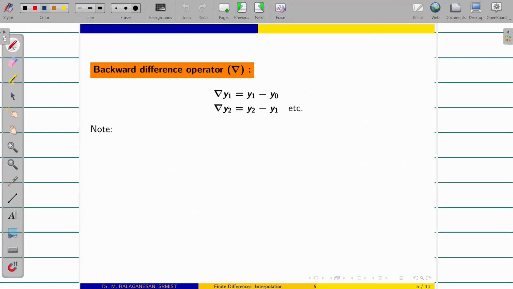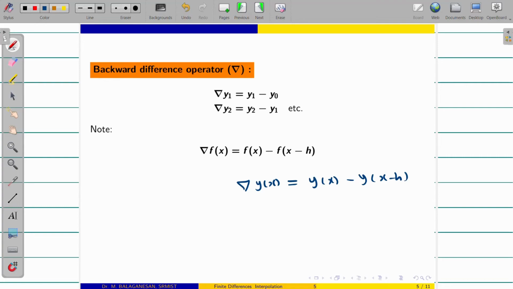Similarly, I can define it for a function. How to define it for a function? I have del y of x; here I have given f of x, you can take y of x. Del y of x, backward, is that value y of x minus the previous value, which should be y of x minus h. That's it. This is a way to define it if it is a function.